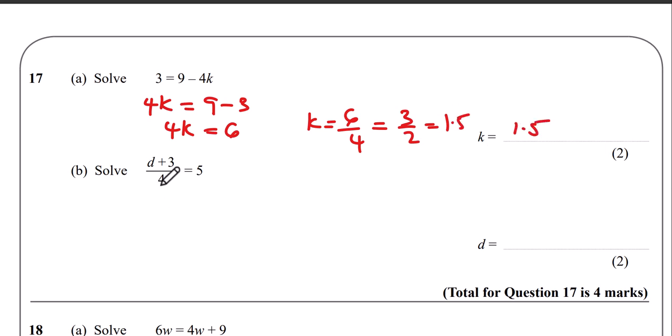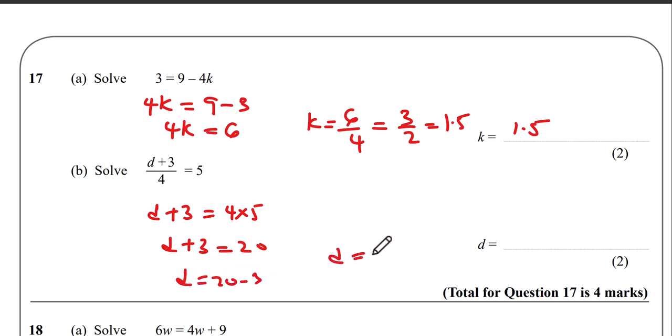And then for this fraction, I think what you can do is multiply 4 and 5 first, so that's going to give you 20, and subtract 3 on both sides because here's a plus, so d will be 20 minus 3, so d will be 17.